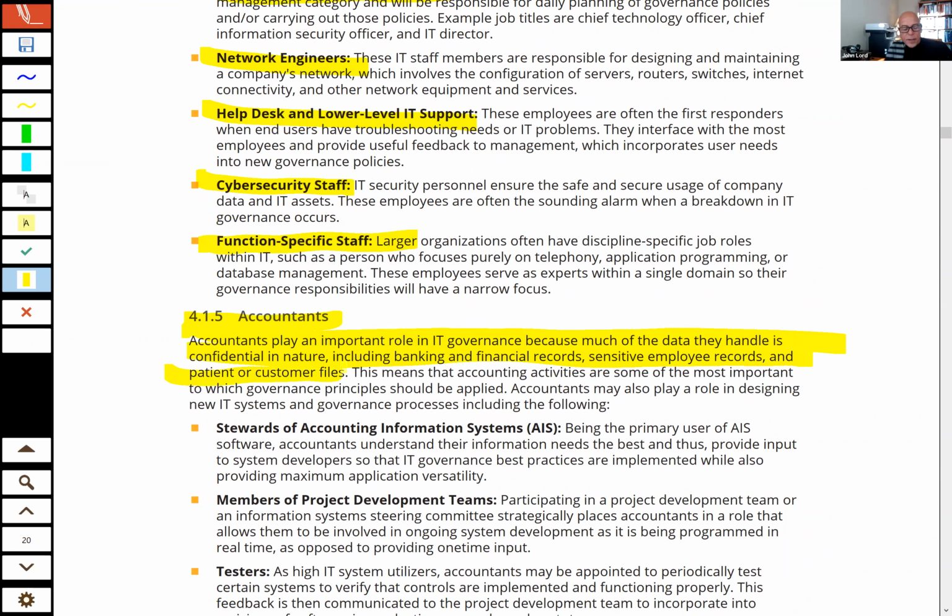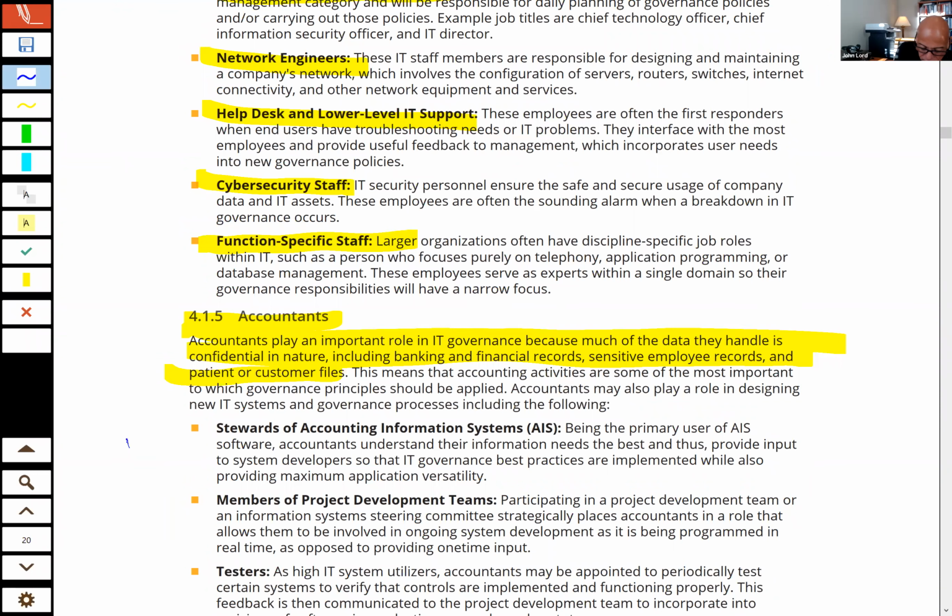I have a friend who is the controller at a company, and she was making the comment to me, gee, she knows what everybody in the company makes, from the top executives down. So she has an important responsibility to make sure that all that information stays confidential.